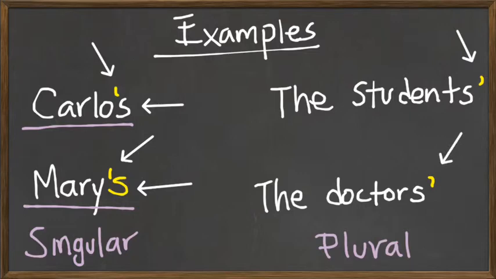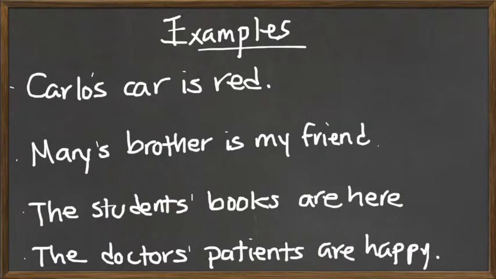And the doctors. Let's look at this possession expressed in a sentence. Example number 1. Carlos's car is red. We are talking about the car that belongs to Carlos. So we have the possessive form of Carlos, which is Carlos's.